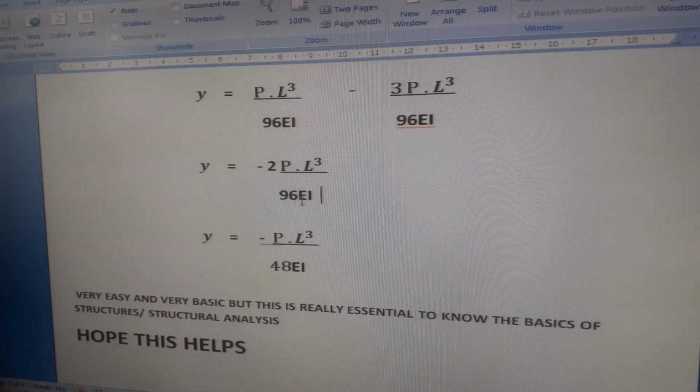And 2 over 96 is equal to 1 over 48. So therefore y equals minus p L cubed divided by 48 EI, which is, as you know, widely known to be the maximum deflection at the middle of a simply supported span with a point load at the centre.